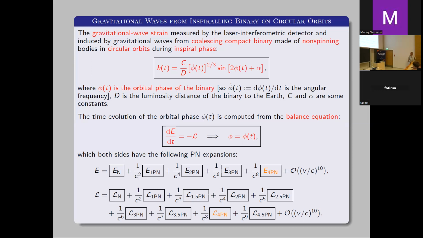How to do this? It is a very nasty thing. I know that many people do not like this very much. Namely, you assume the validity of the balance equation.